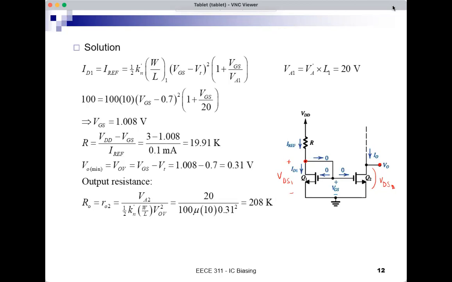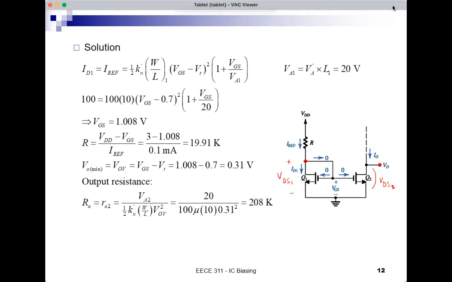So if VO went, say, from 2 to 3, or 3.6 to 4.6, this voltage should always be larger than 0.31 to operate in the right region. So again, say VO increased from 3.6 to 4.6. That's a delta VO of 1 volt. How much would IO change because of this?